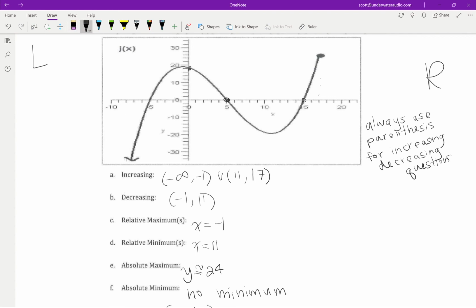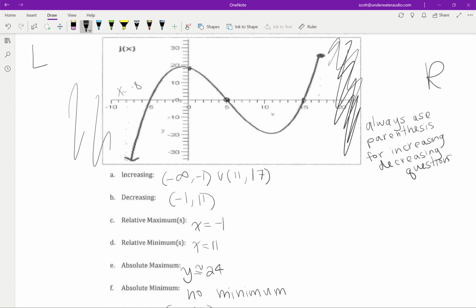So last question is about domain and range. So domain is all the possible x values, and since we're assuming that there's a vertical asymptote at x equals negative 8, and then there's nothing happening over here, I think that it's from negative 8 all the way until 17, because there's nothing happening after positive 17, my bad.